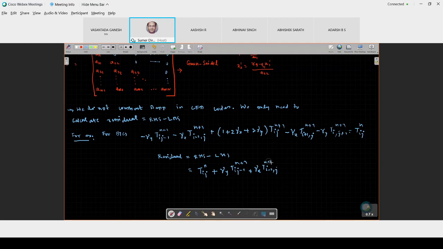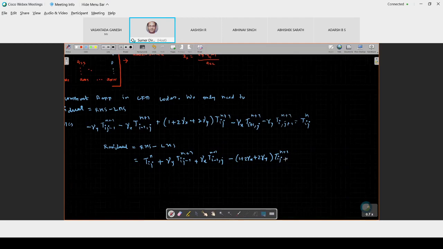These are all at n plus 1, and then minus 1 plus 2 gamma. You are getting this, right? You should be in a position to do all these residual calculations. And then that becomes plus here: gamma x T i plus 1 comma j at n plus 1 plus gamma y T i j plus 1 at n plus 1. Okay, so this is your residual.